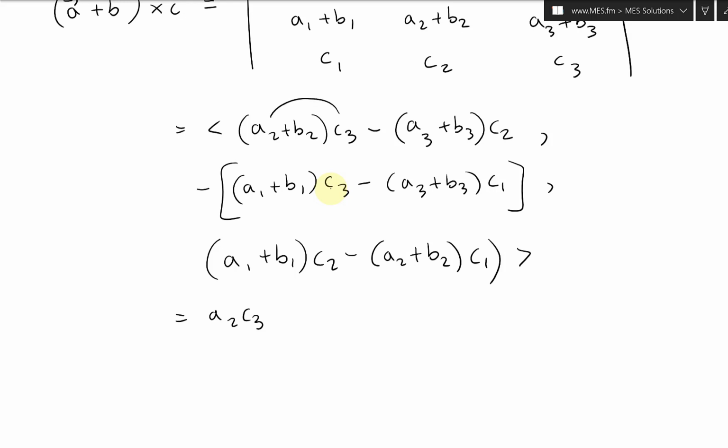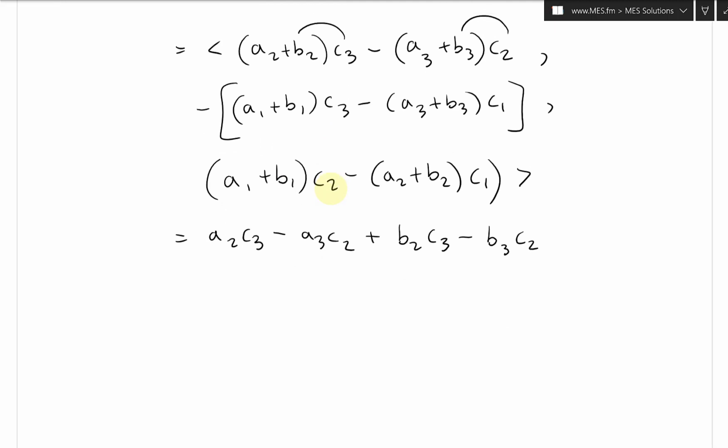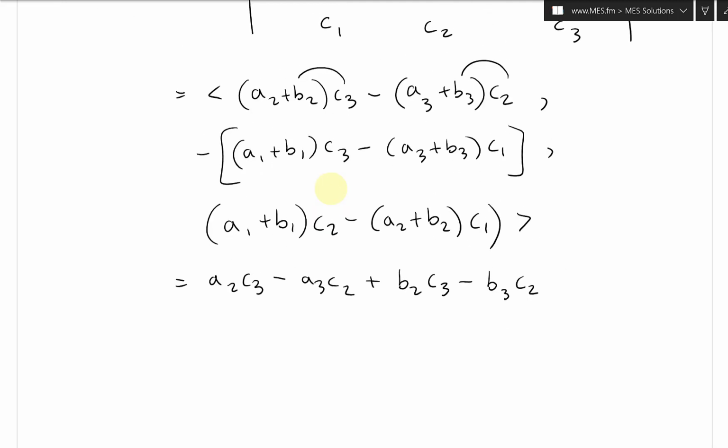So multiply this and this, and then we'll do this and this. Minus A3 C2. Then we're going to do this and this, and this is going to be B2 C3. And then this and this, minus B3 C2, like that. And that's just expanding it out.